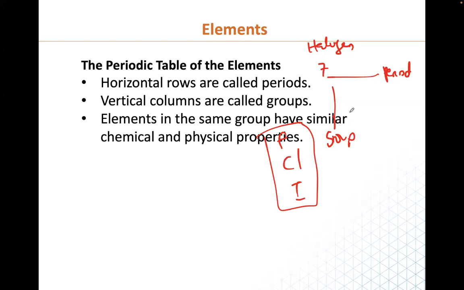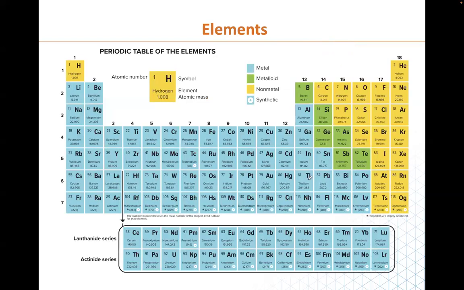And also the noble gases belong to group 8. They have the same physical and chemical properties too, as you can see in the periodic table. You can see the halogens here, and these are the noble gases: helium, neon, argon, all of these. They belong to the same group, so they have the same qualities.